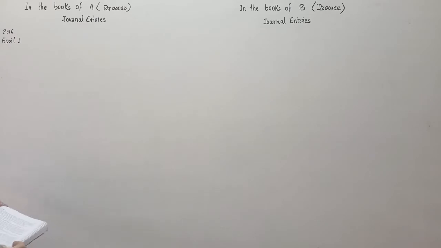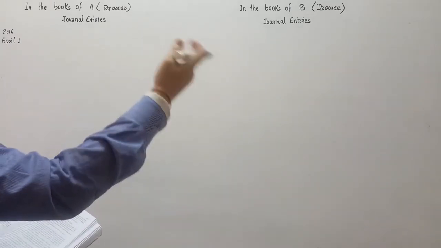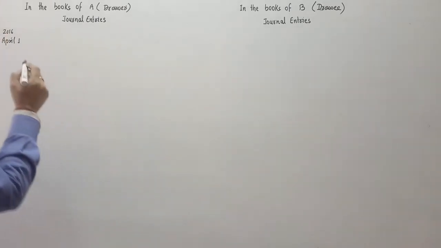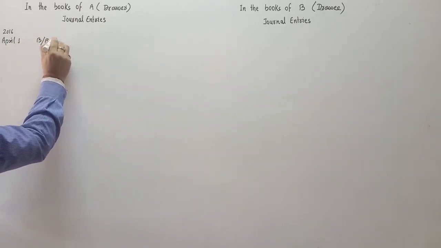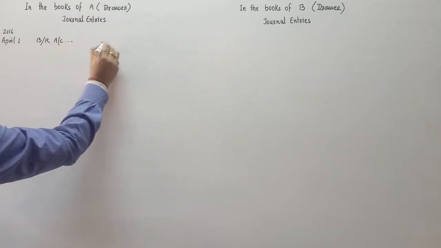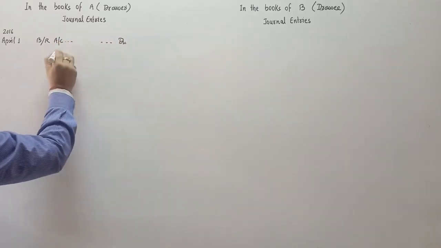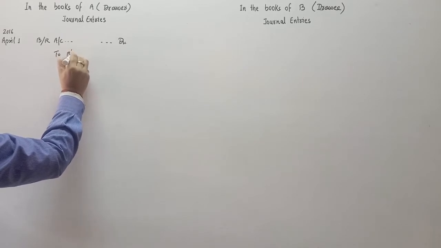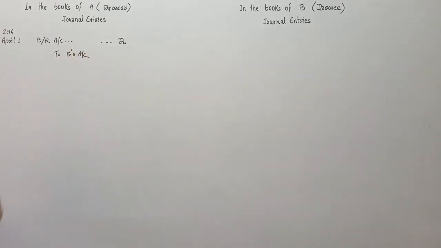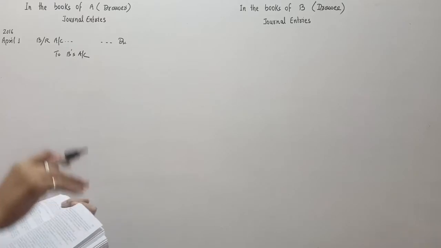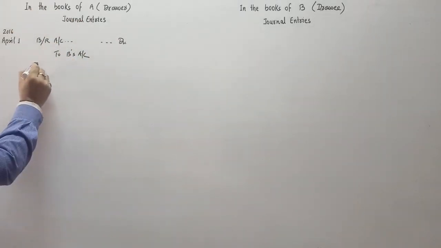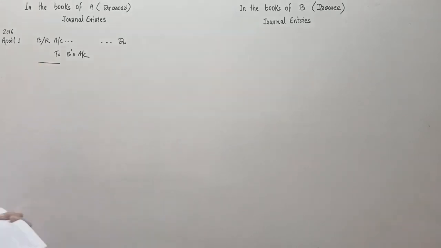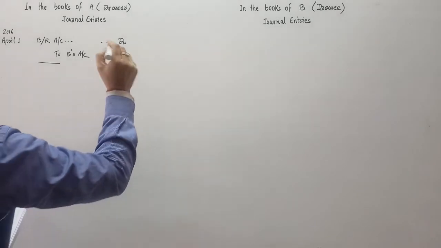When the bill is drawn over the drawee and the drawee accepts, for the drawer it's bills receivable account debit to B's account. The narration will be very simple: being bill drawn which is accepted by drawee. The amount of the bill is 8,000.